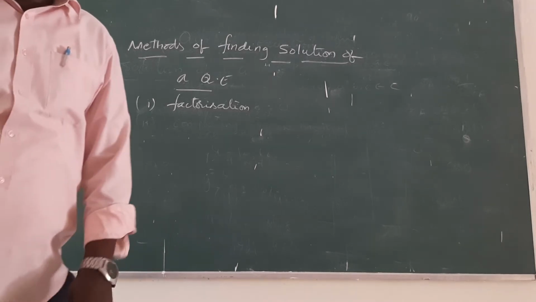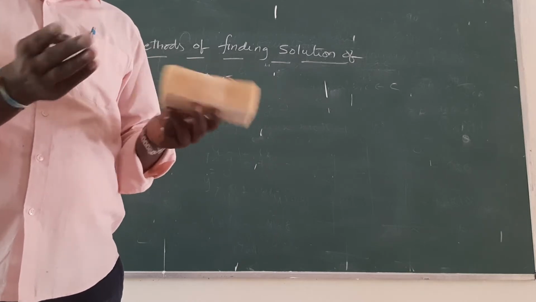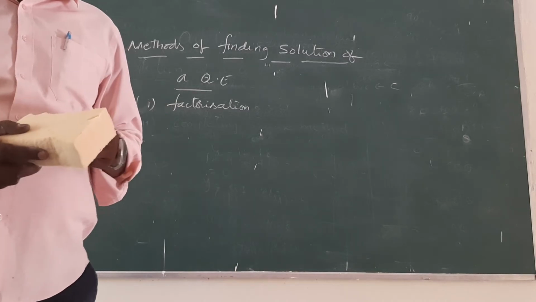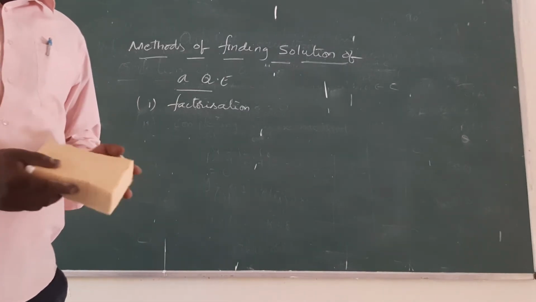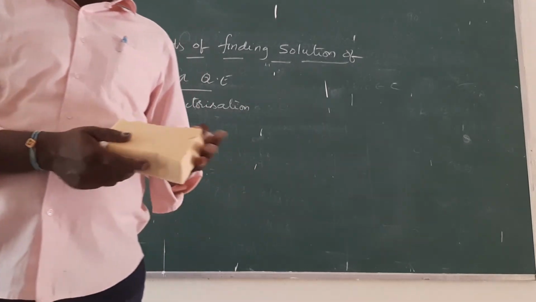So first we have to factorize the given quadratic equation into two linear factors. After that we equate each factor to 0. That is the solution of the quadratic equation.